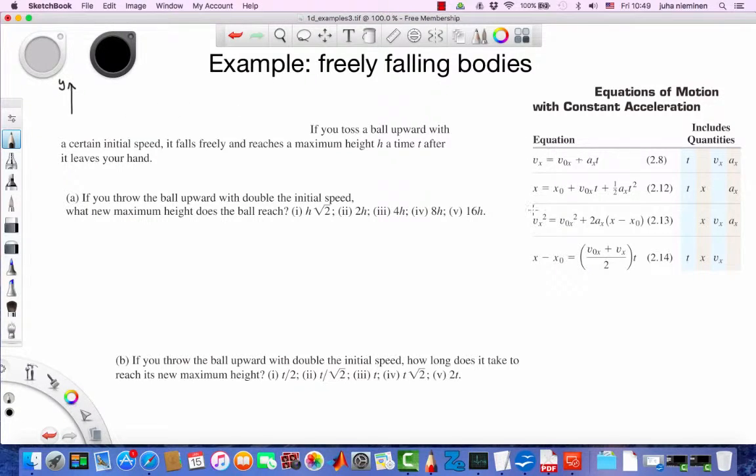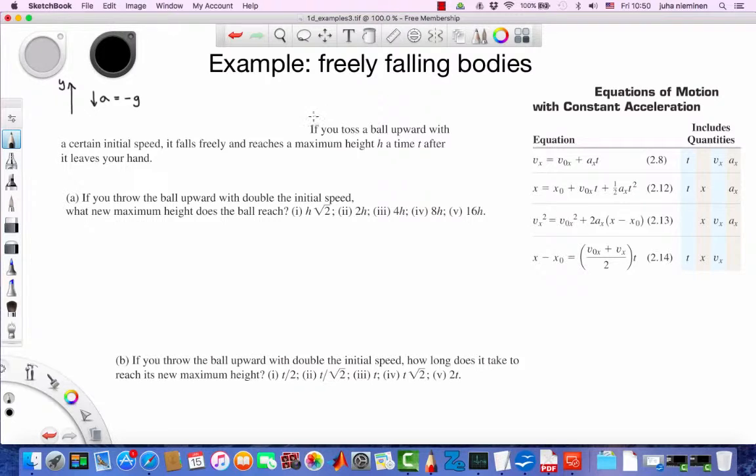And all these equations that we have for our 1D motion apply to the situation with one difference. Our acceleration is always down due to gravity, and its magnitude is that of acceleration of gravity on Earth, but we have to take into account the negative sign because it's pointing down.